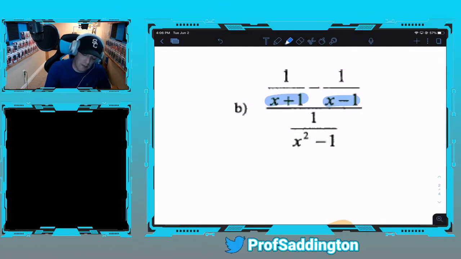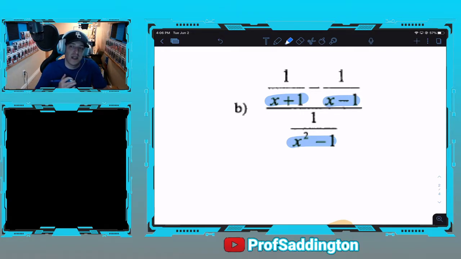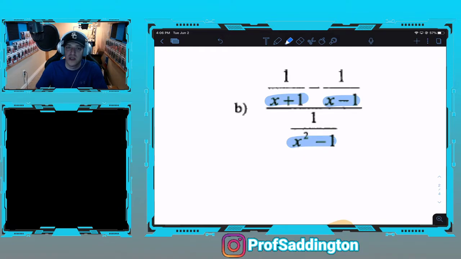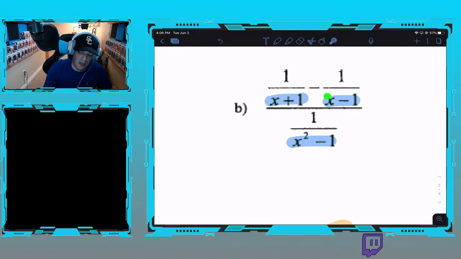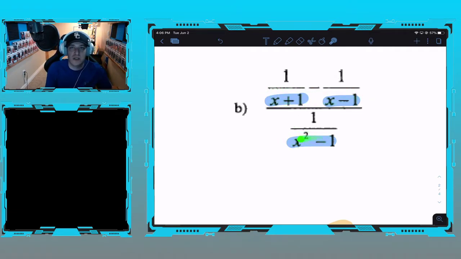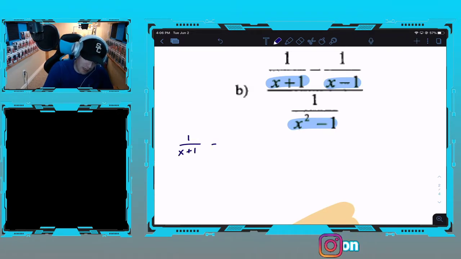But what I want to make sure you are doing before you go to locate the LCD, make sure that all of your denominators are factored first. The top 2 denominators are already factored, so we don't have to worry about them. But x squared minus 1 can be factored using dots. So I'm going to rewrite this: 1 over x plus 1 minus 1 over x minus 1 still.